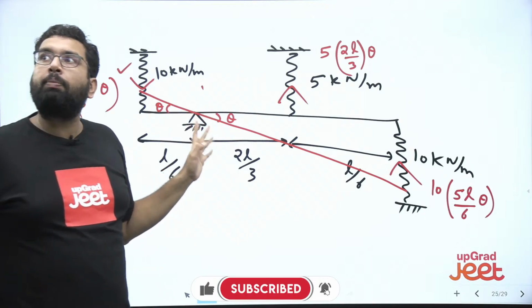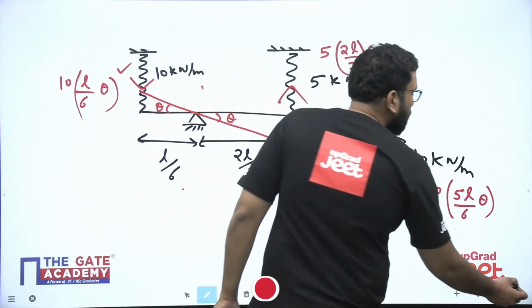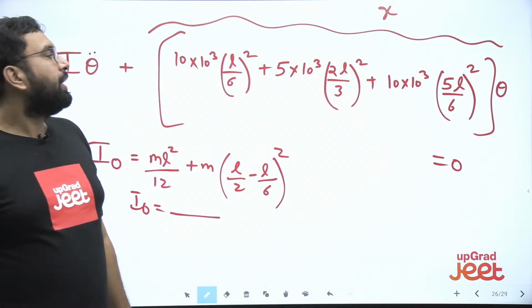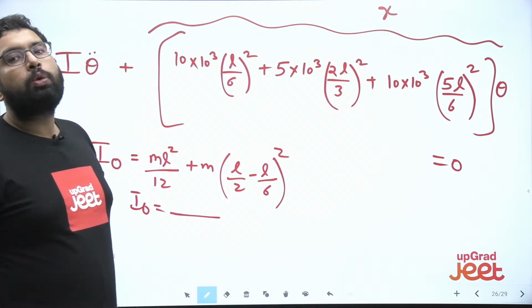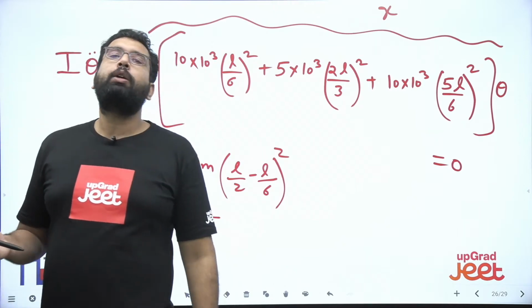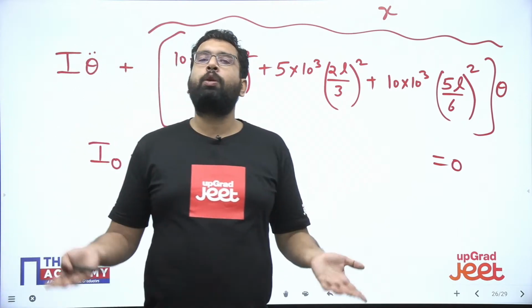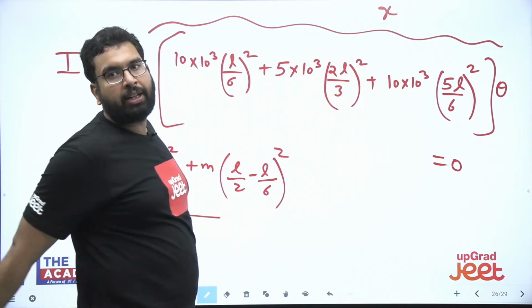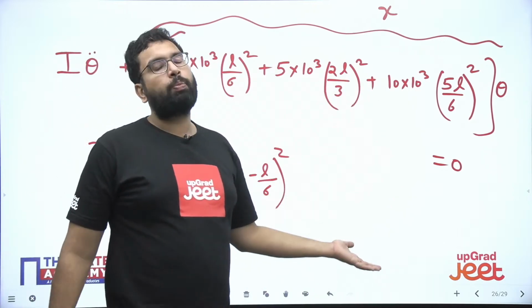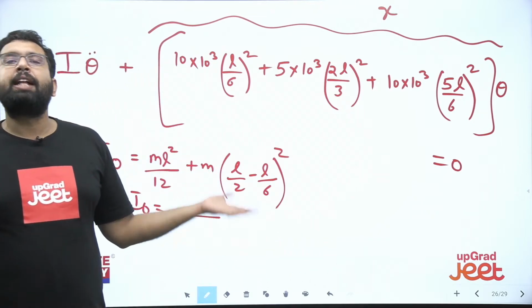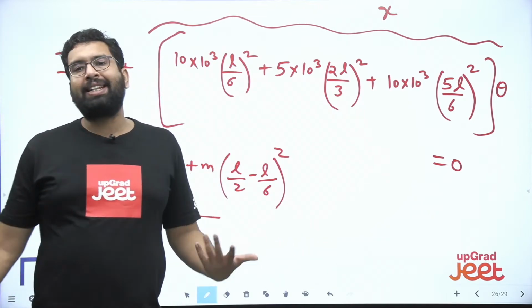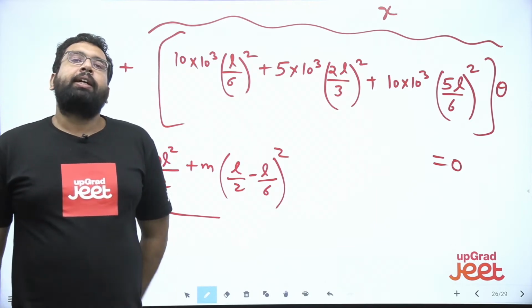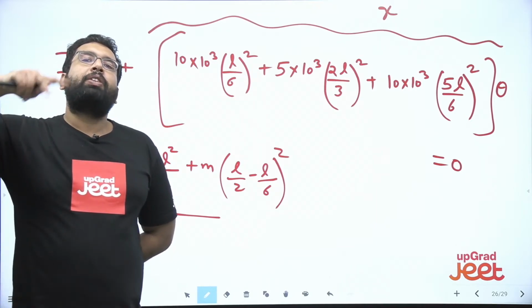When all the moments are in the same direction and you ultimately have to put it equal to 0, you can choose whether to take the positive sign or negative sign. If you take negative, you will have to take negative for everything, and when you put it equal to 0, that minus has no meaning. So why unnecessarily complicate? You may think that since the moment is anti-clockwise, we have to take negative.